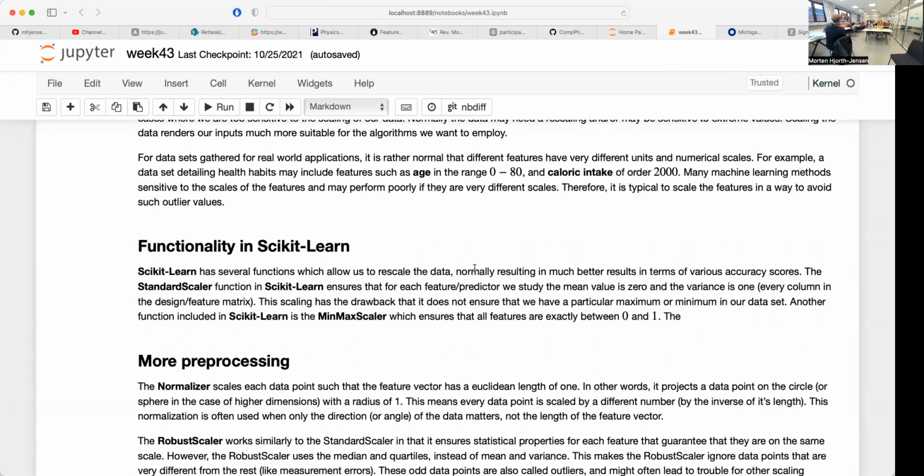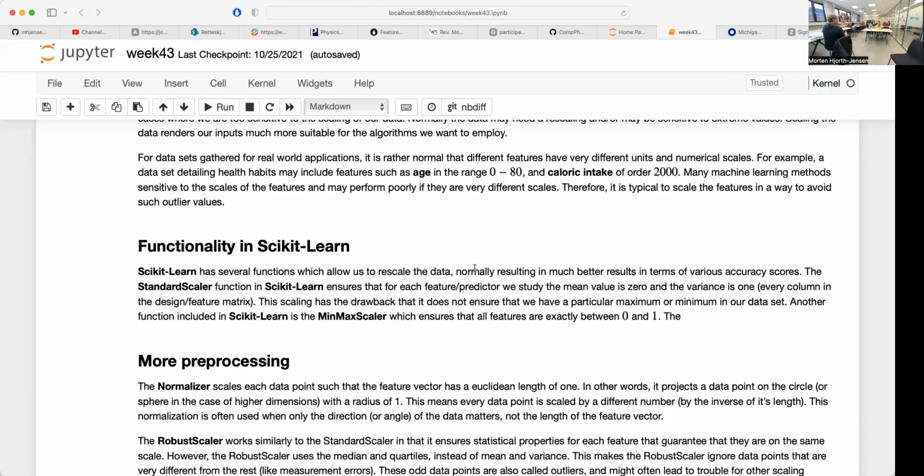My advice is that when you're writing your own code, use the functionality which you have in libraries like scikit-learn. Scikit-learn is a much used library, and it interfaces with other libraries like TensorFlow and Python. So the functionality you see here, like scaling your data and splitting your data in training and test, you can use together with other libraries.